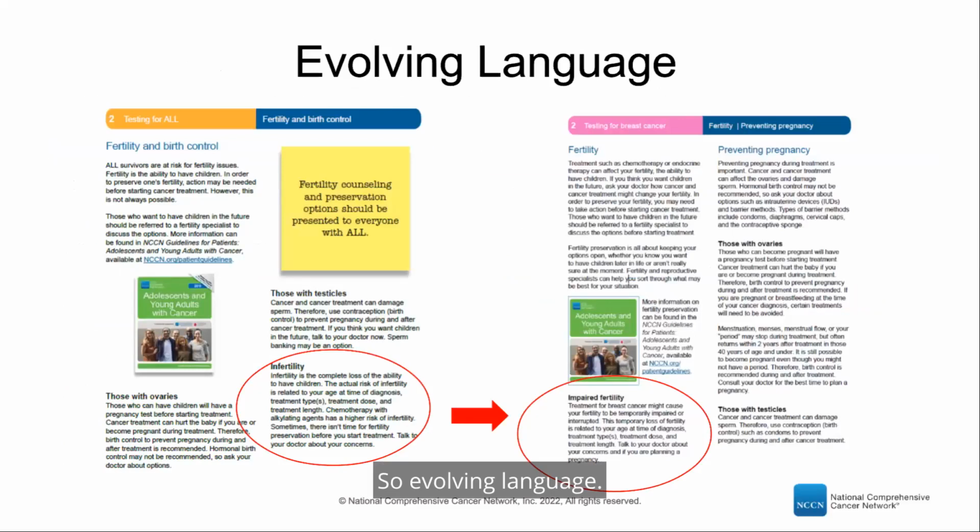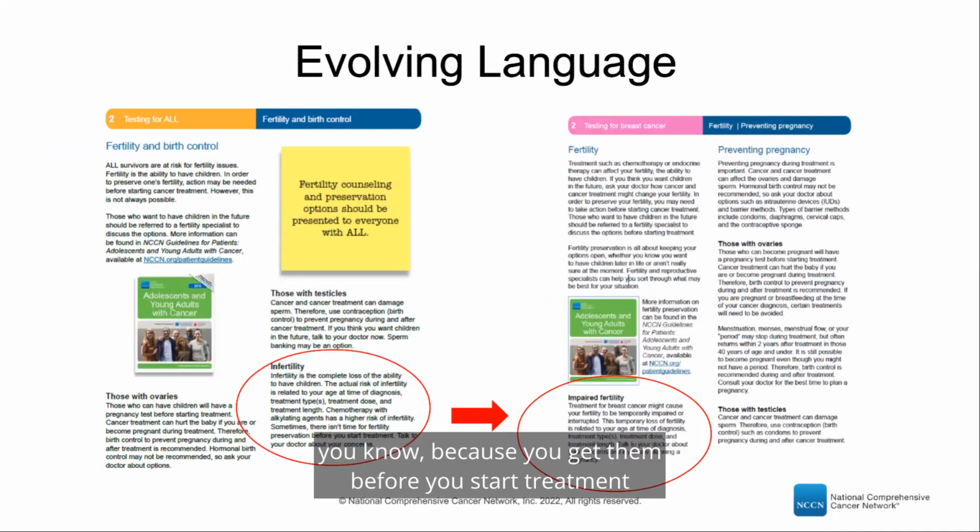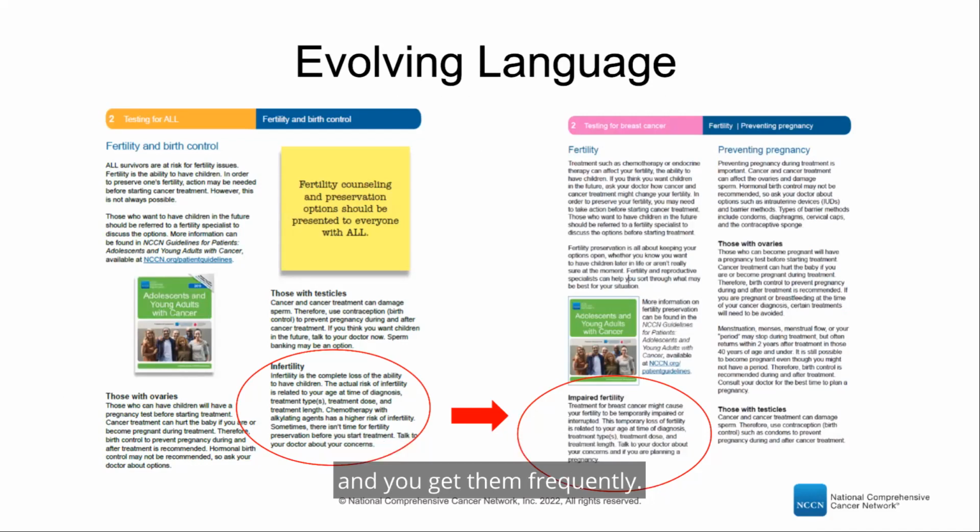So, evolving language. There was a discussion in a panel meeting that I attended surrounding how upsetting the word infertility is to those trying to become pregnant. Also how upsetting are the pregnancy tests for those, because you get them before you start treatment and you get them frequently.